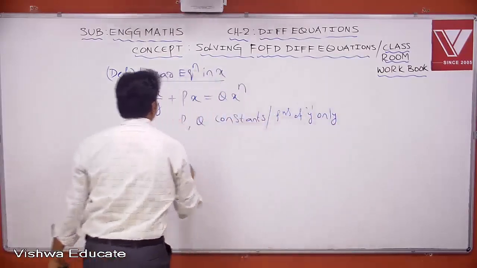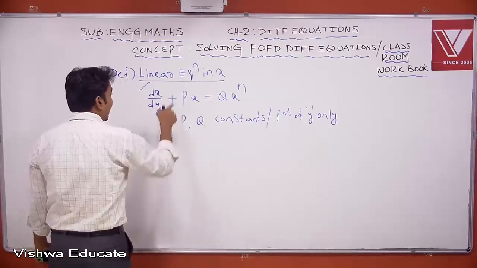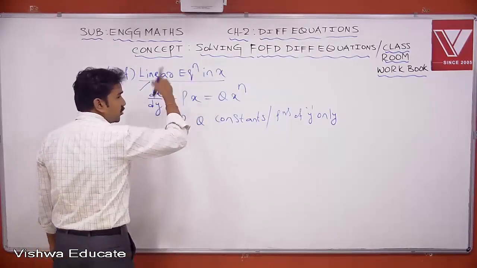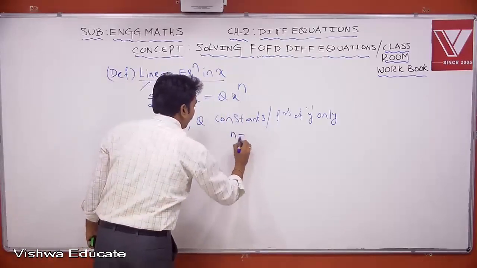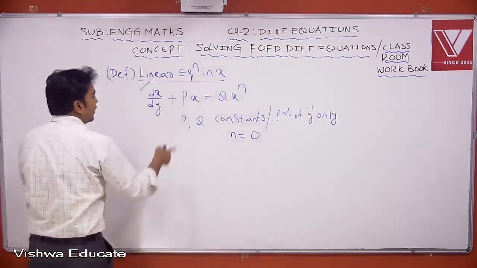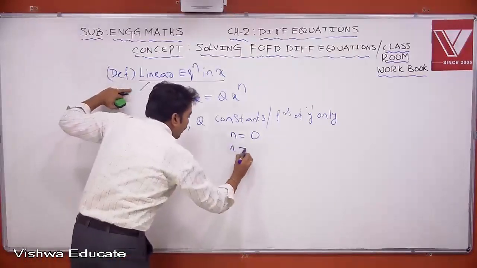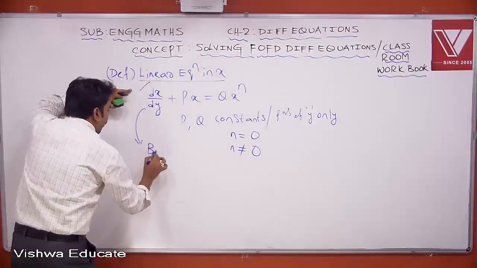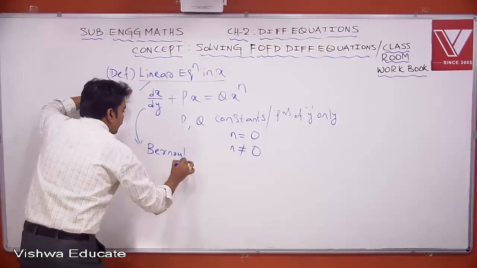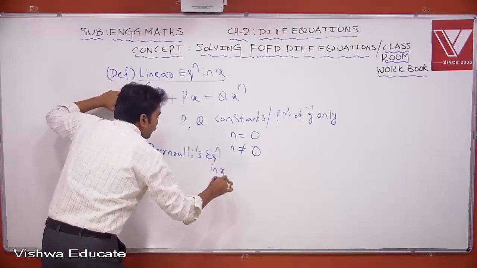So in that case, this is called a linear equation in X, and of course this is basically an extension of linear equation in X. Suppose if n equal to 0, then it is called linear equation in X. Suppose if n is not equal to 0, then this equation will be called Bernoulli's equation in X.